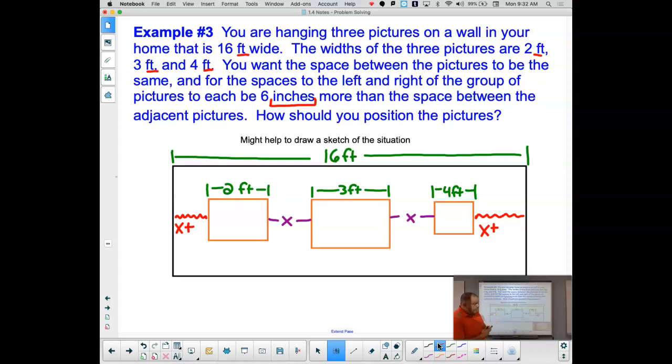That would be legal. Or I can convert 6 inches into feet. And I think that is an even better thing to do, because 6 inches is half of a foot. So here it would be plus 0.5, and here it would be plus 0.5. Okay? And now we're in feet all the way through.